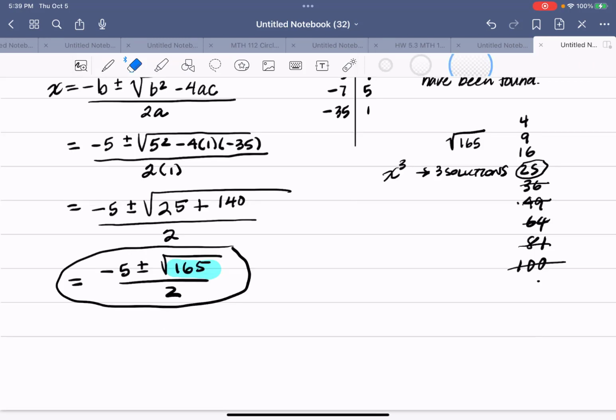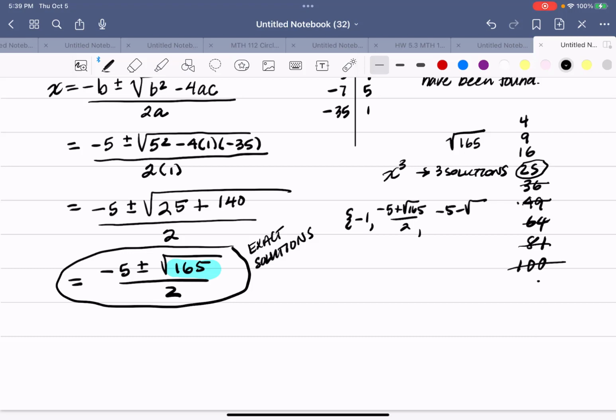Now, on this particular problem, they ask us to give decimal estimates. These are the exact solutions along with -1. So we could go ahead and write a solution set with these two irrational answers there.